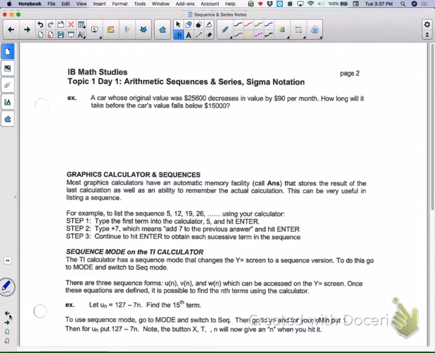So in this case, my first term would be $25,600. My d value is negative 90. And I don't know how many months, but I know that my final value we're looking at here is 15,000. So I'm going to plug that into my formula. 15,000 is equal to 25,600 plus n minus 1 times my d value. And then I'm going to solve this.